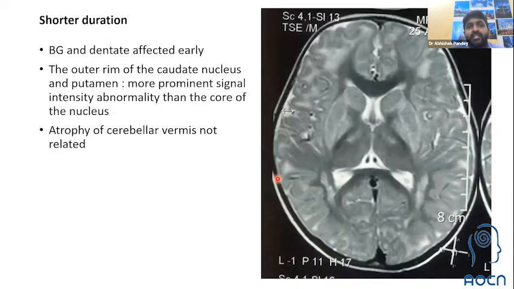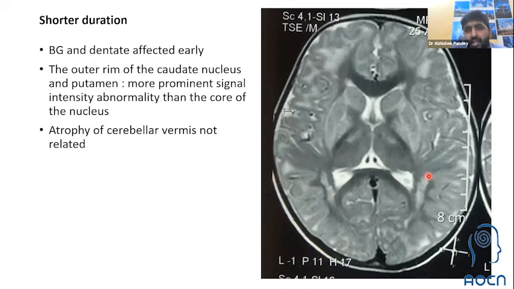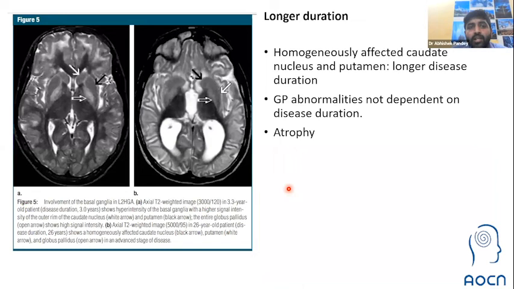Another difference is the involvement of the basal ganglia. At a younger age, the caudate and putamen show peripheral rim enhancement, and the globus pallidus is homogeneously involved. This pattern is gradually lost, and as age advances, the caudate and putamen start becoming homogeneously involved.